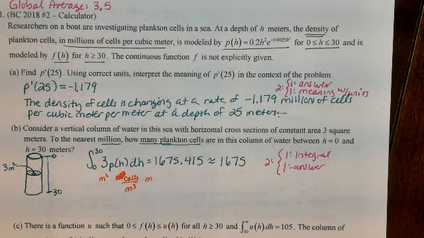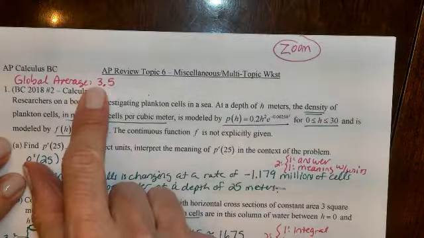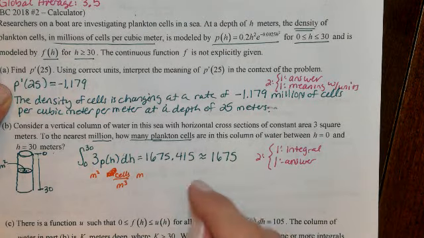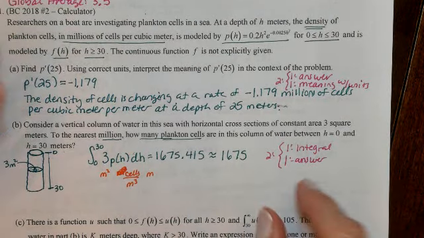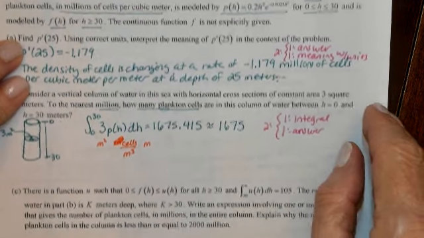And by the way, the global average on this problem was 3.5. So when you did this problem, ask yourself how many points you got. Were you greater than or less than the global average?